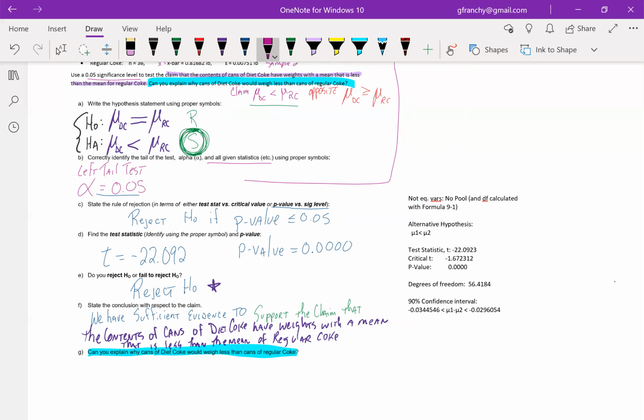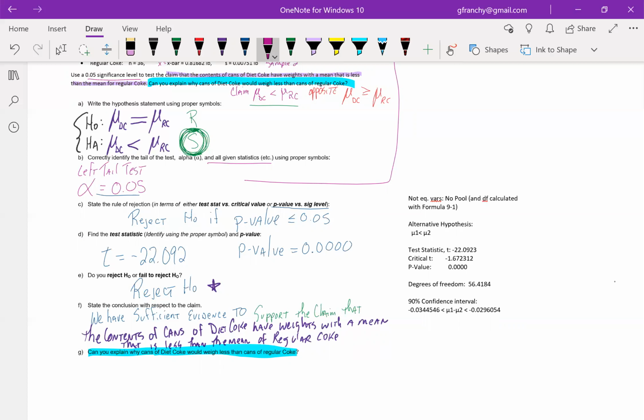if it's not due to the fill amount, if it's not due to the weight of the cans, if it's simply the contents, and if we had 12 ounces on the nose of Diet Coke and 12 ounces on the nose of regular Coke, and we're concluding that Diet Coke is weighing less, then it must be something about the ingredients of these two sodas.